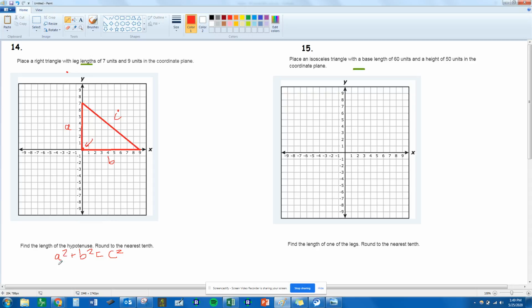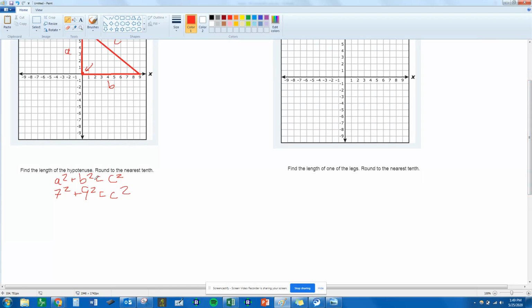We know that side A is 7 squared plus side B is 9 squared equals side C squared. And to solve that, I'm going to go ahead and square 7, 49 plus 81 equals C squared. And 49 plus 81 is going to be, let's see here, 130 equals C squared.